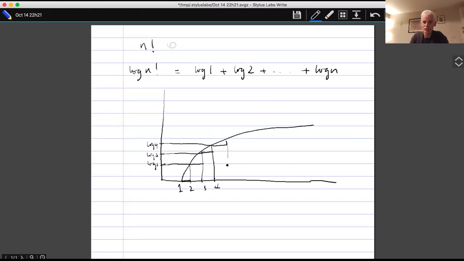And what I'm getting is a lower sum for this integral, where the dissection goes from 1 up to, well, how far do I have to go? I have to go up to n plus 1.